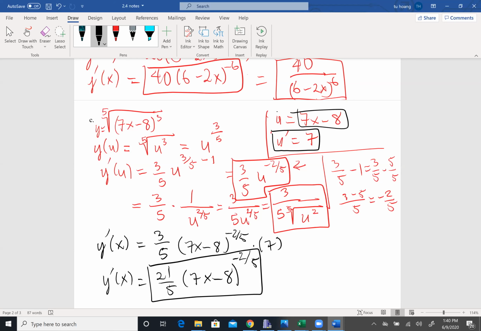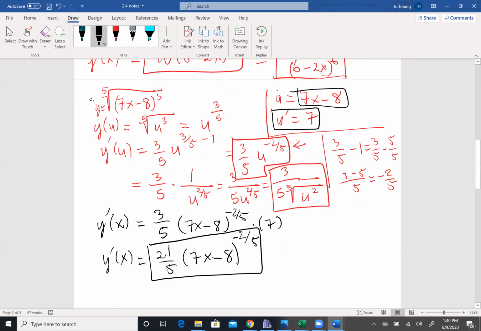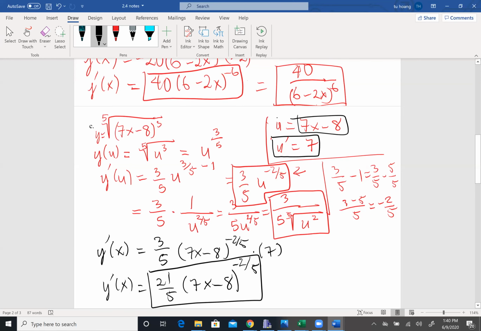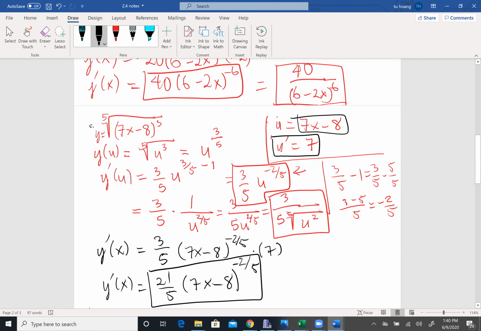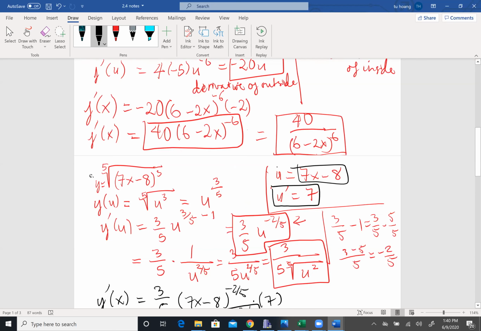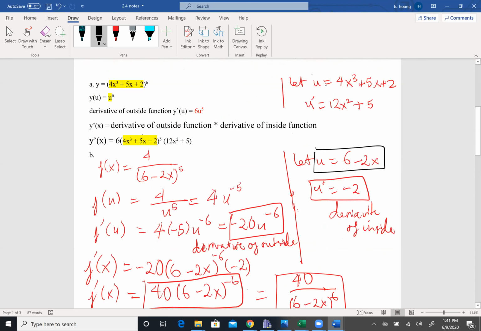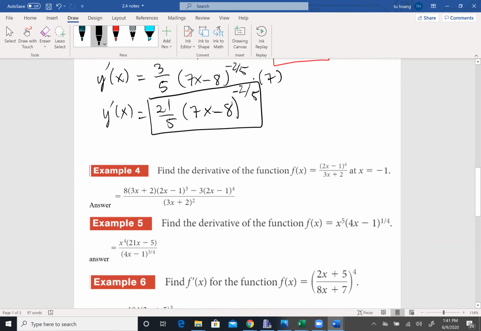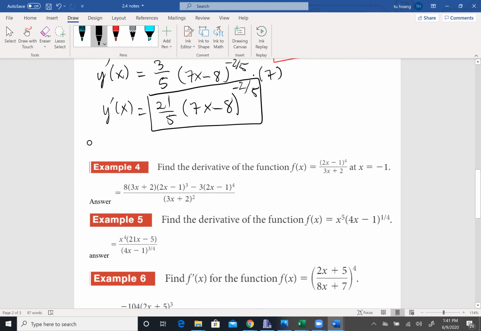All right. Yeah, that should be the answer for problem C. That's it. So now I'm going to try to explain more for you in example 4.